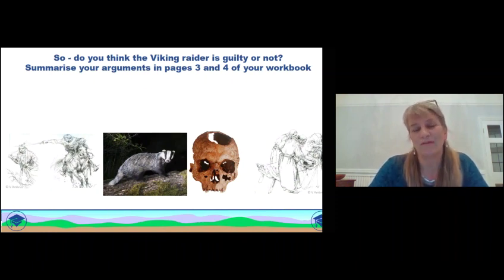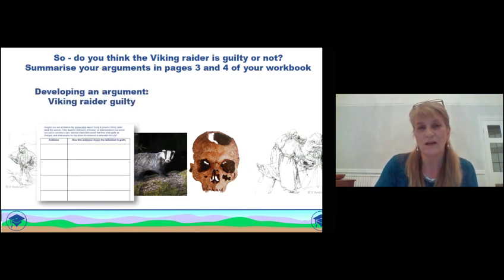So then, in summary, do you think that Viking raider is guilty or not? What you can now do is work through pages 3 and 4 of your workbook to summarise your two arguments. Firstly, write down everything you think, all the arguments.